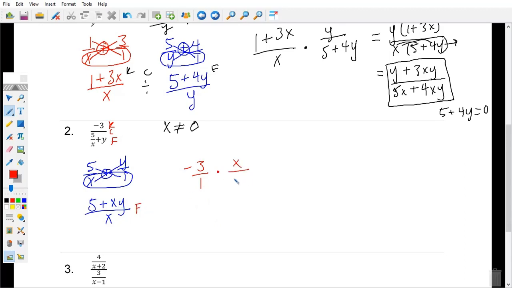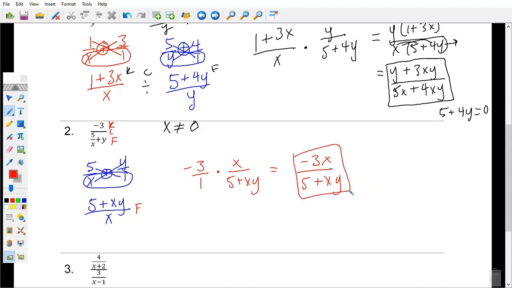So we have x over 5 plus xy. Does that mean y equals 0? Yes and no, we're going to talk about it in a second. Good question. So we have -3x over 5 plus xy. Now we're down to our quotient.